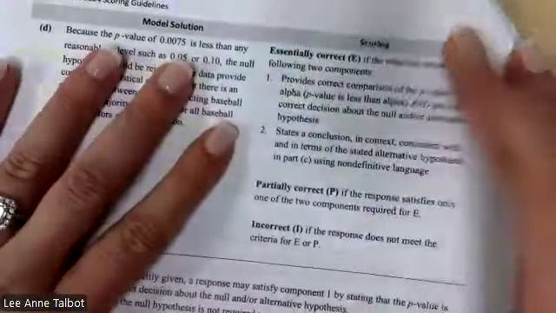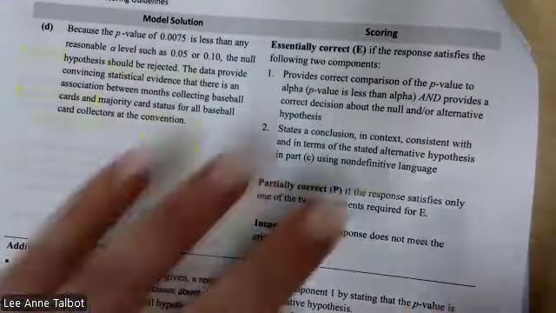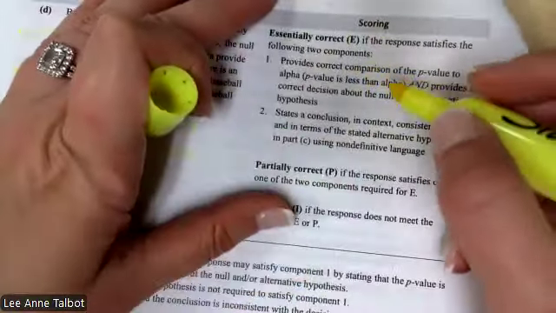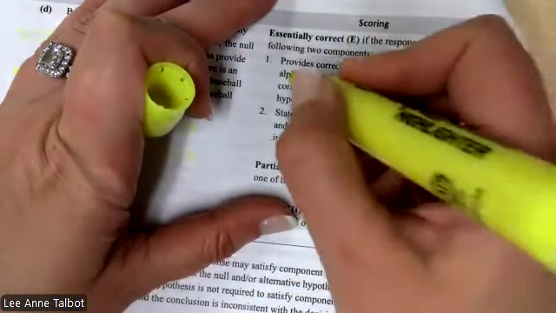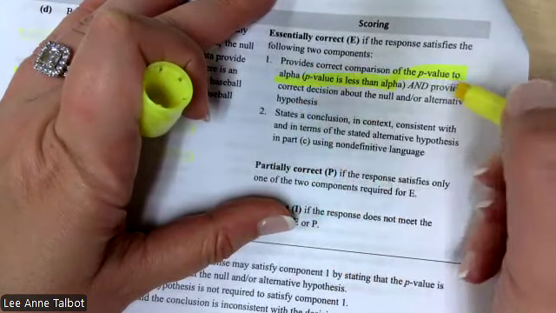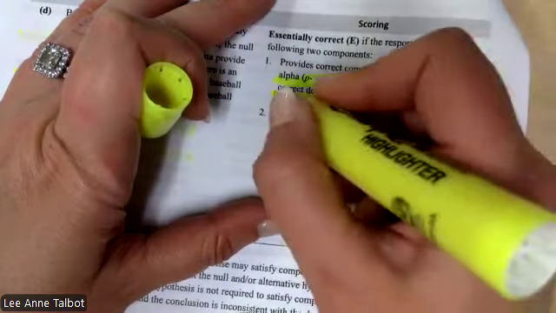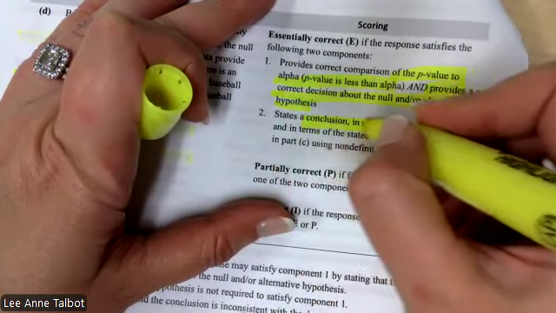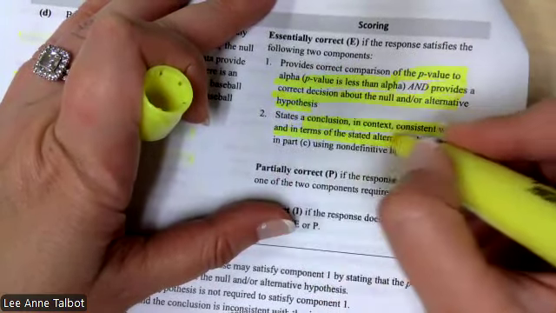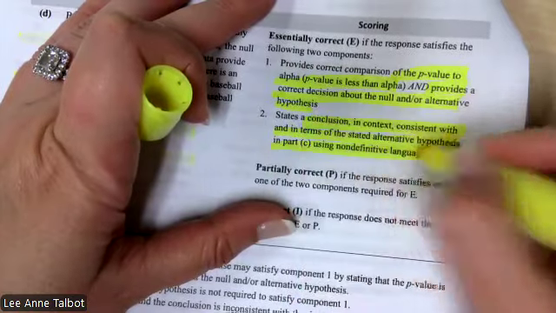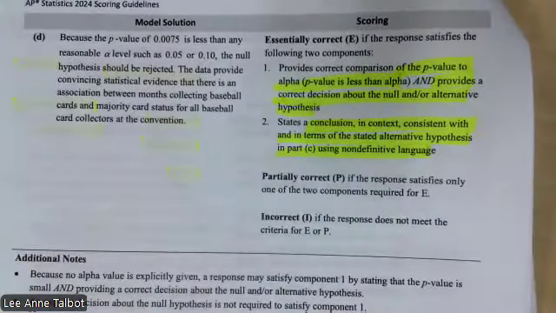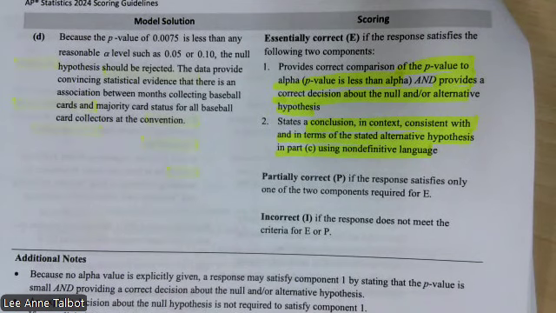Okay. Provides correct comparison of the p-value to alpha. P-value is less than alpha. And provides a correct decision about the null hypothesis and alternative hypothesis. States a conclusion in context in terms of the alternative hypothesis. You guys, the way that you've learned it is exactly what they want.